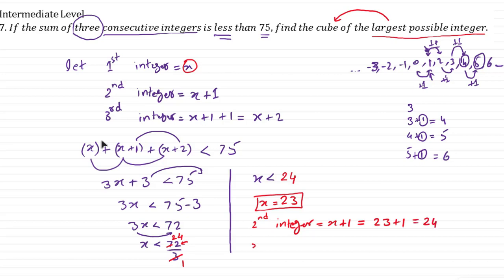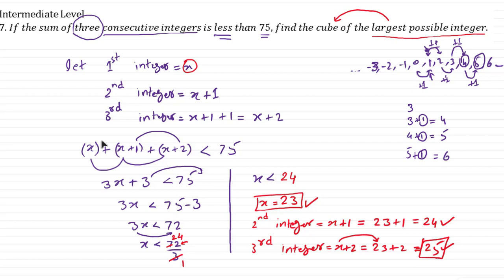And the third integer is x plus 2, and x is 23, so plus 2 will become 25. First integer is 23, second integer is 24, and the third integer is 25. You can see that third integer is the largest possible integer.